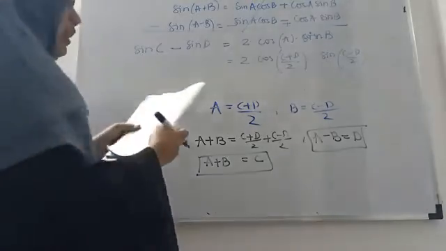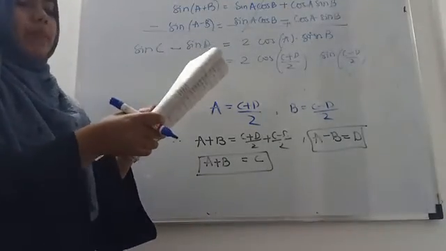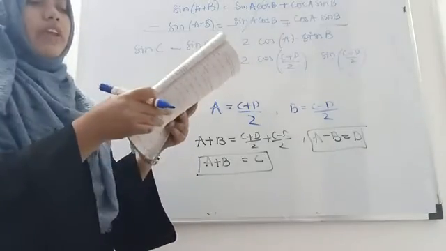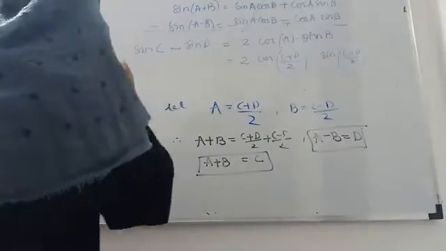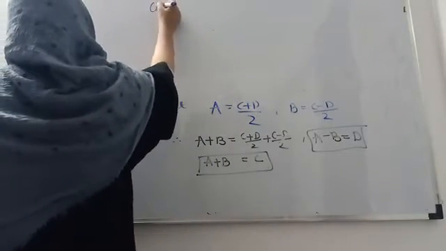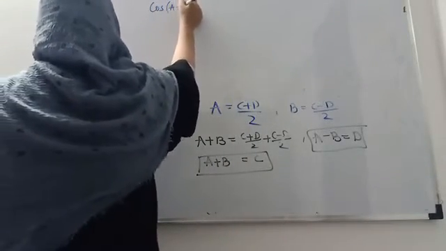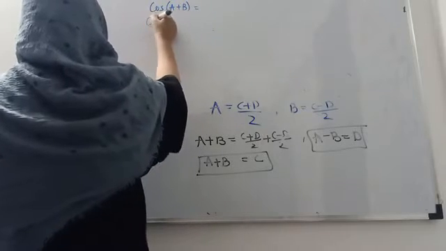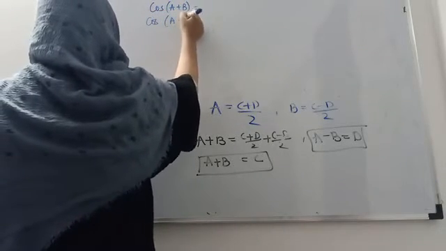Now for the third one, we want cos C plus cos D. Okay, so there we have to take the cos wala formula. So we will take cos A plus B, and then we will take cos A minus B. Okay.